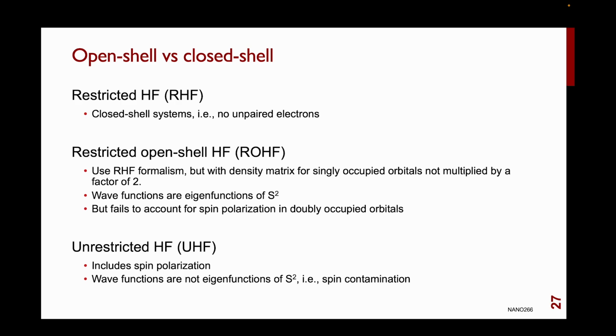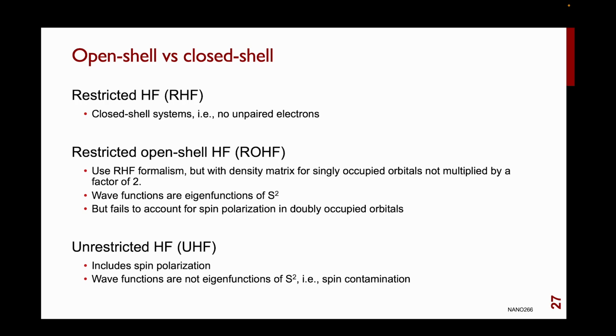The only difference is that for the singly occupied orbitals, you are no longer multiplying the density matrix by 2, right? Because you no longer have a pair of electrons. The advantage of the restricted open shell Hartree Fock approach is that the wave functions are still eigenfunctions of the S² operator, okay? But it does not account for spin polarization in the doubly occupied orbitals.